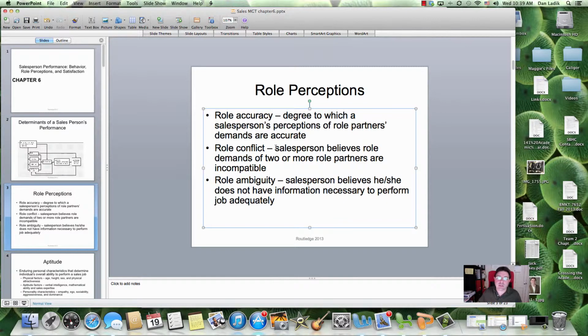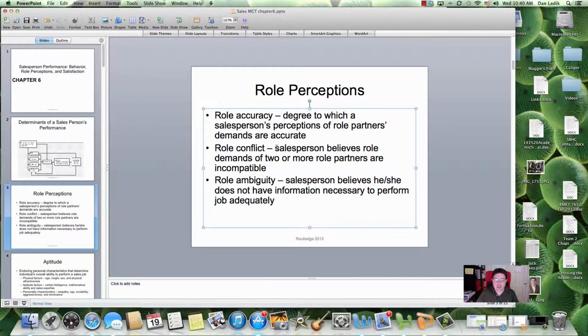So role conflict is when a salesperson believes there are more issues with what they're doing. Let me say it another way. The role is defined very well, however, it's defined so well that some of the things that they're defined to do are in conflict with other partners, other members of the firm, other divisions.